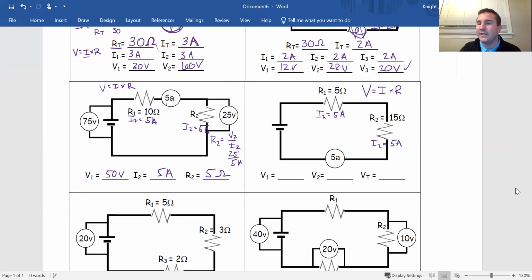It should be pretty easy to find the voltages. 5 times 5 for V1 gives us 25. 5 times 15 for V2. That one's a little bit harder. 15 times 5. Oof. 75? Let me guess 75. Because that's a nice number.